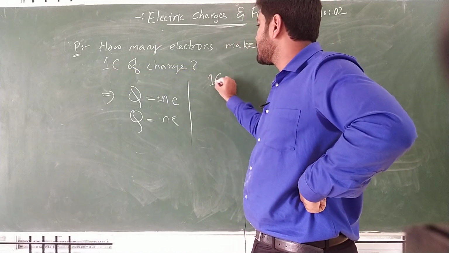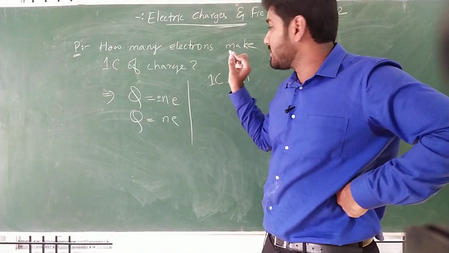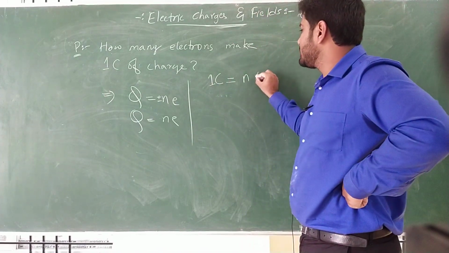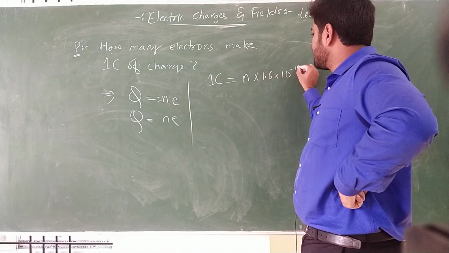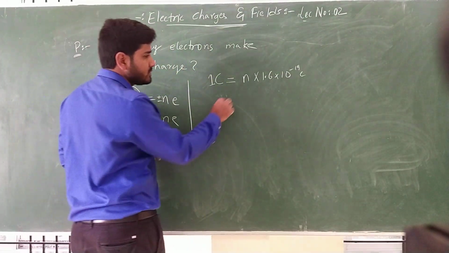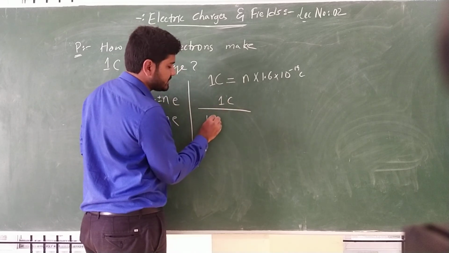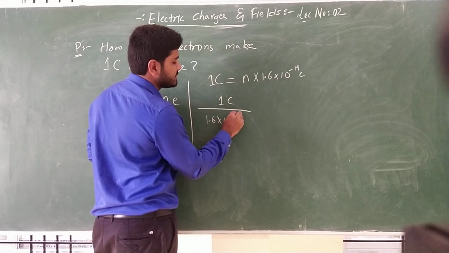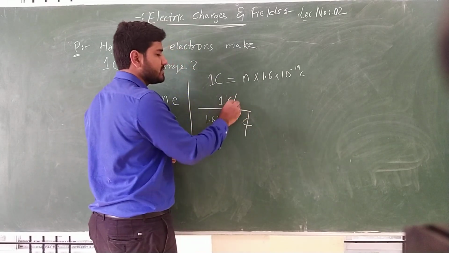So q is 1 coulomb, equal to n, the number of electrons we have to calculate. E is the charge of an electron, that is 1.6 into 10 raised to minus 19 coulomb. So take 1 coulomb divided by 1.6 into 10 raised to minus 19. The coulomb cancels.